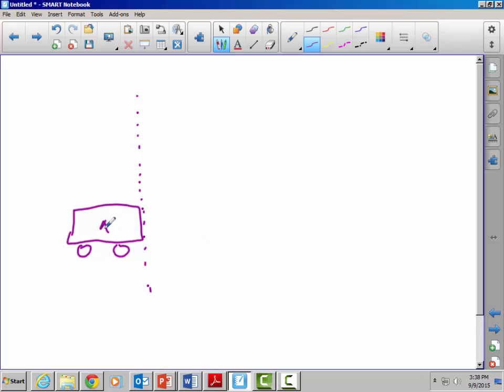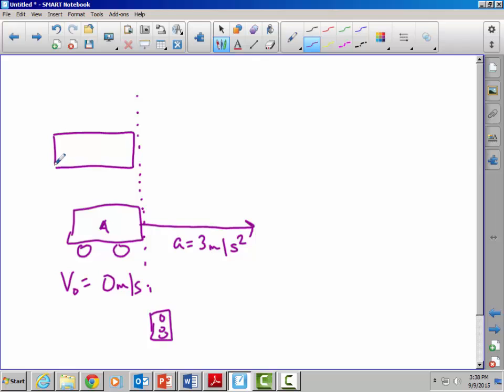So here's car A, and we'll say this car is initially at rest, and it is at a stoplight. Once this light turns green, this car will begin to accelerate. Let's say it's going to accelerate at 3 meters per second squared. Let's say right at the instant that the light turns green, right when this car begins to move, a second car, car B, flies through the intersection at a constant velocity.